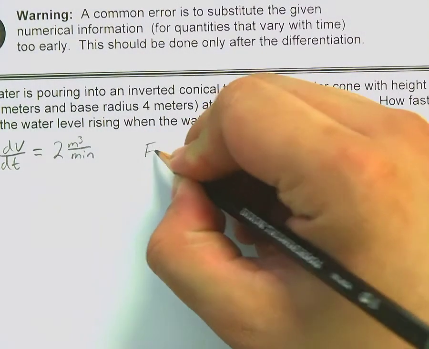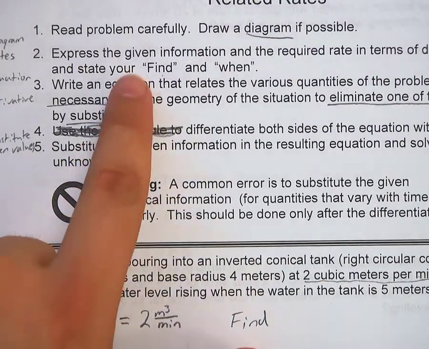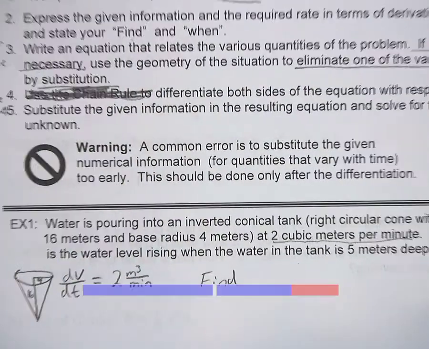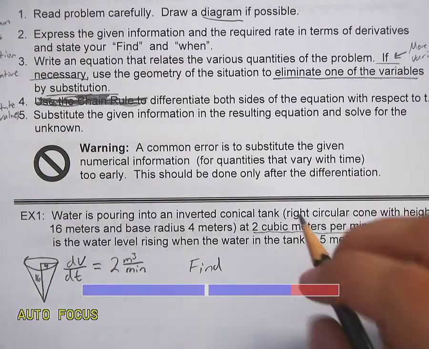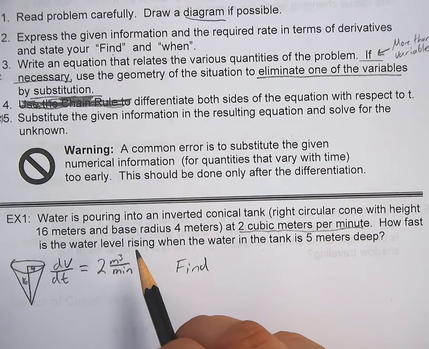So it wants me to find, this is my state your find and your when. This question, let me zoom out a little bit, wants me to find how fast the water level is rising. Well, that's height, isn't it?